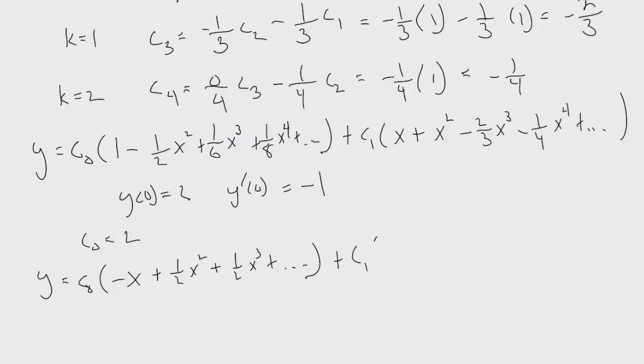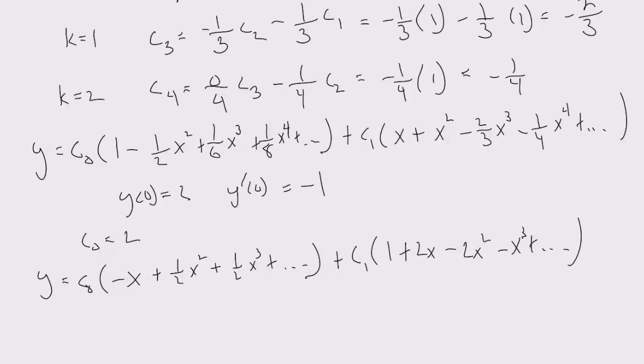And then inside the other one, that's 1 plus 2x minus 2x squared minus x cubed plus dot dot dot.